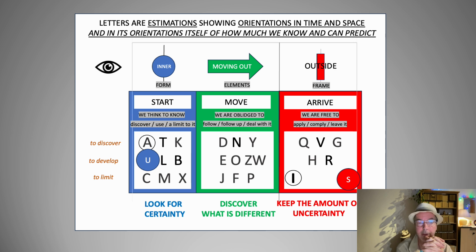All these letters show some sort of estimation of how we recognize certain positions in time and place, but also show how well we orientate ourselves upon these things and how well we can predict the outcome. That's language. That's what language is about. We estimate more or less what it is, and then we do something with it.